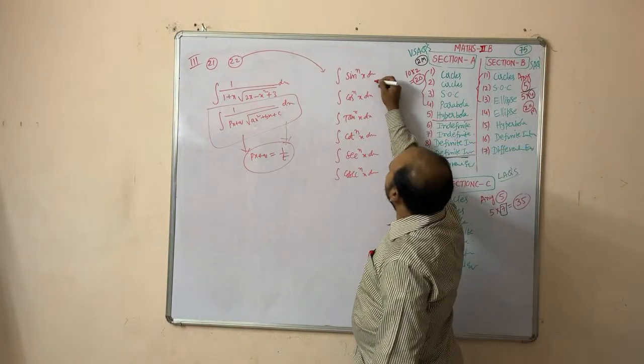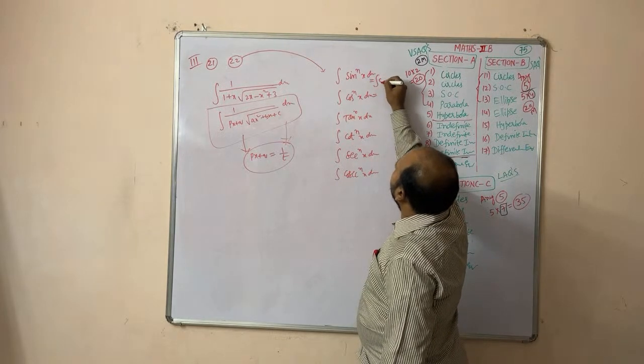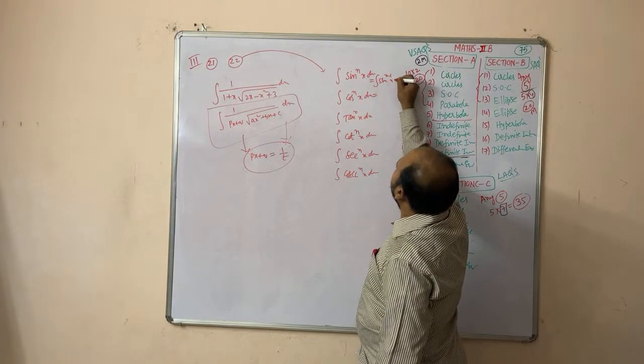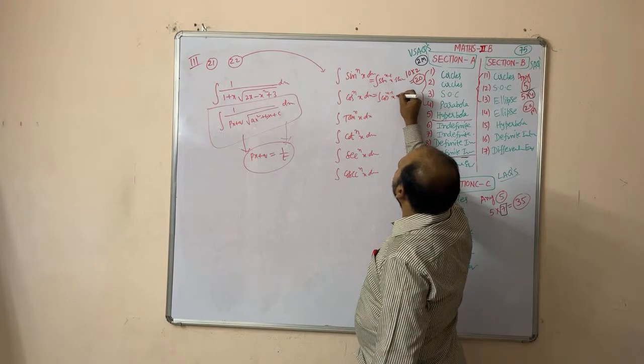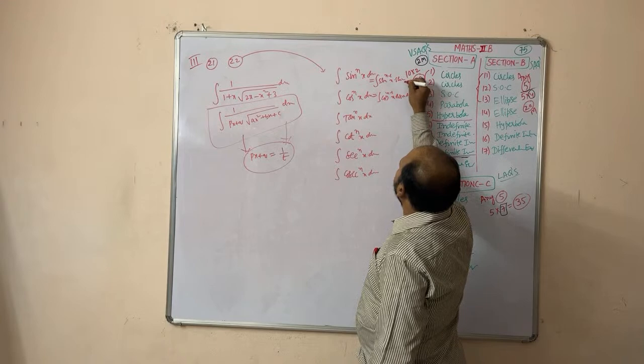For these two, integral sin power n minus 1 x into sin x, integral cos power n minus 1 x into cos x dx.